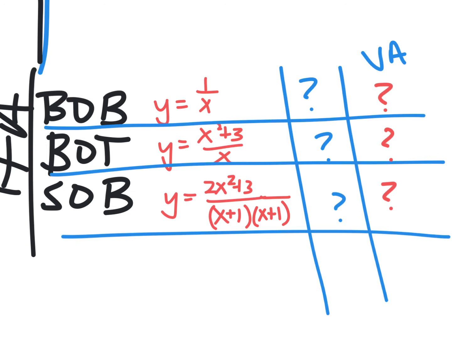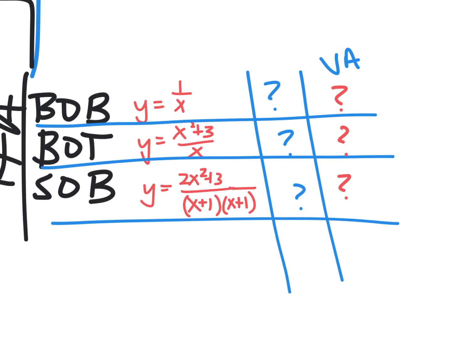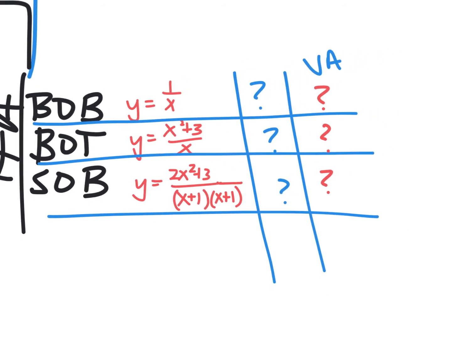Remember, the verticals have to do with the denominator being 0. And the horizontals have to follow those rules about ratios, about sometimes there aren't any horizontals. Sometimes it's whatever's on the outside. Okay, so let's see if you remember the horizontal asymptotes and the vertical asymptotes.